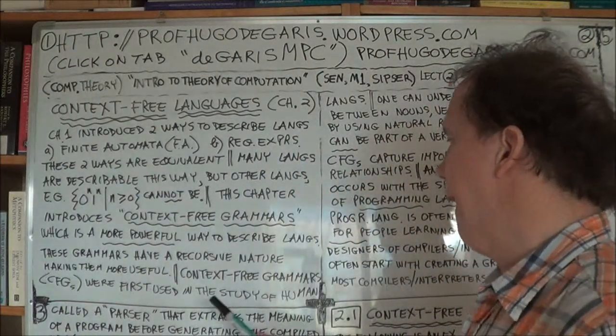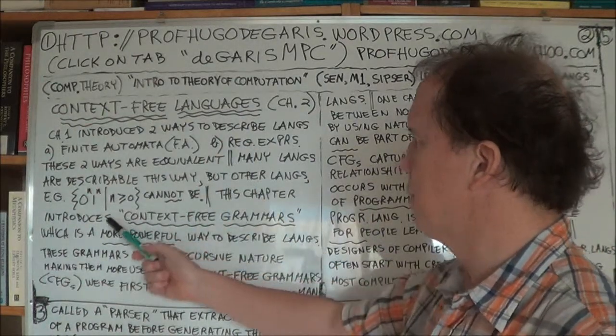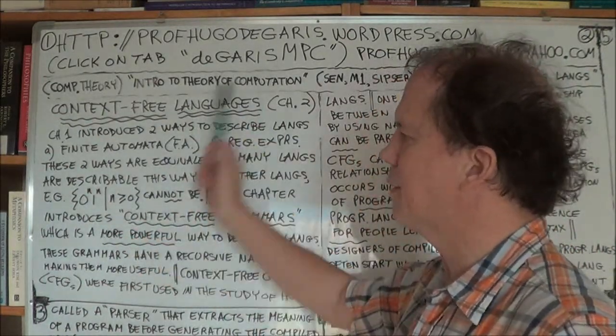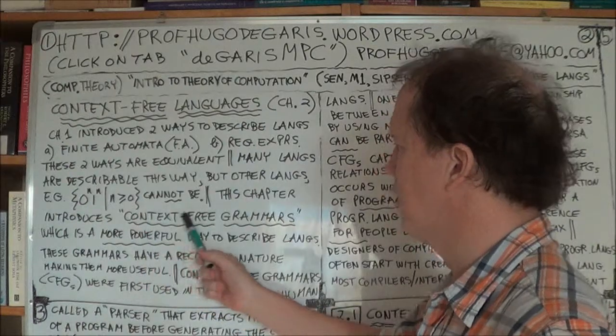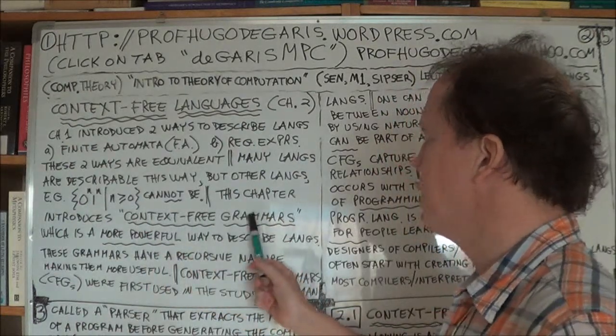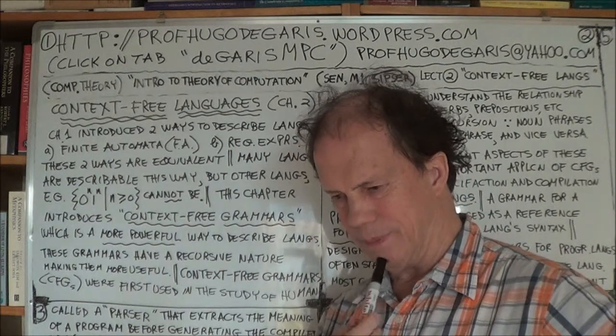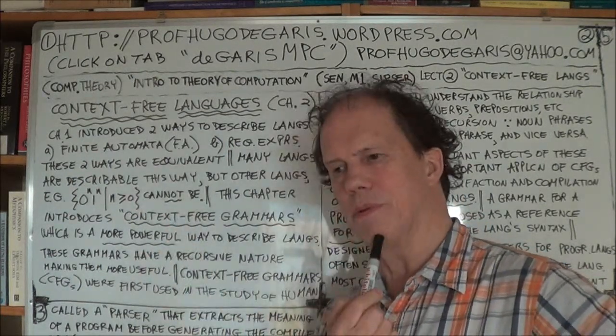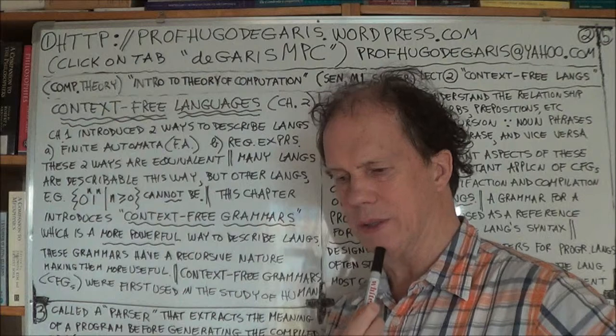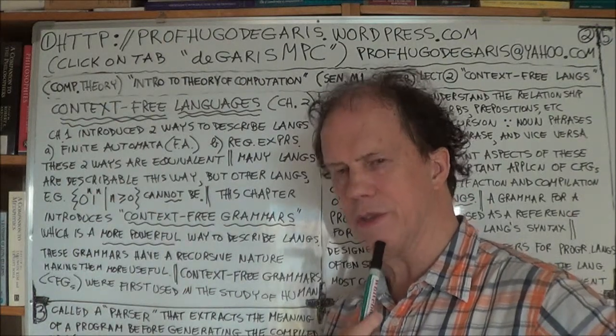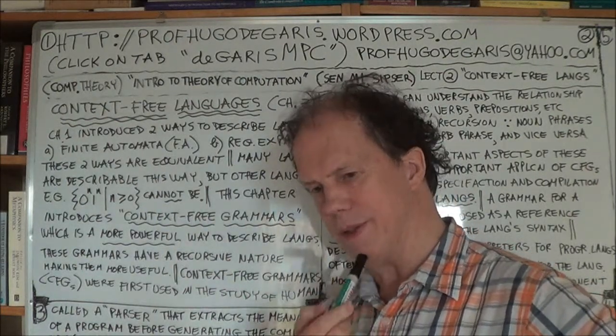All right. So one of the main topics of this chapter is context-free grammars. So what's a grammar? Again, just a broad overview, an introduction. Not too detailed, just give you a feel for what a grammar is.